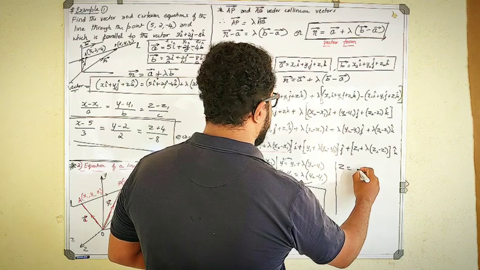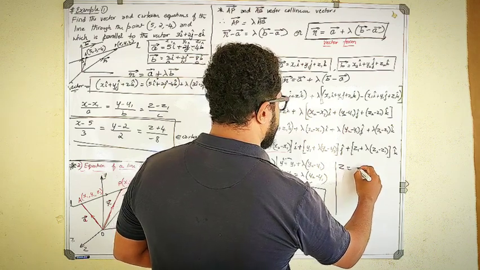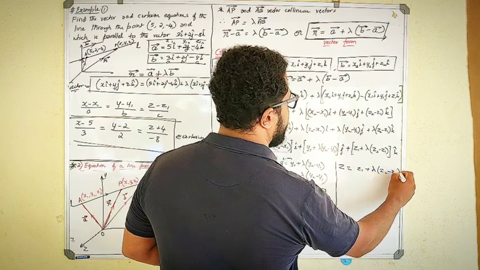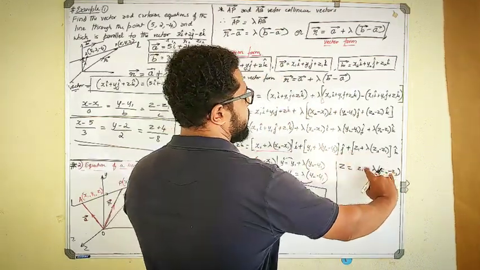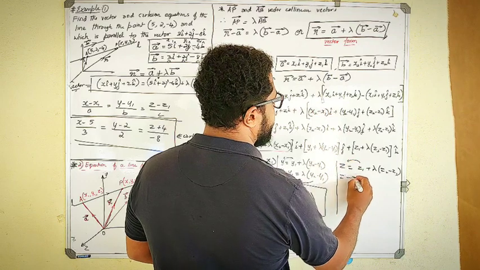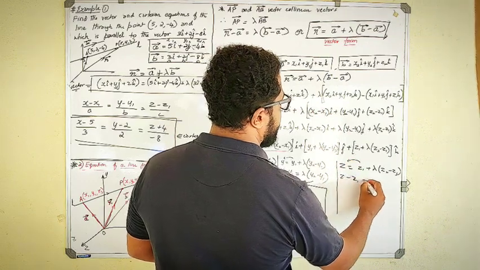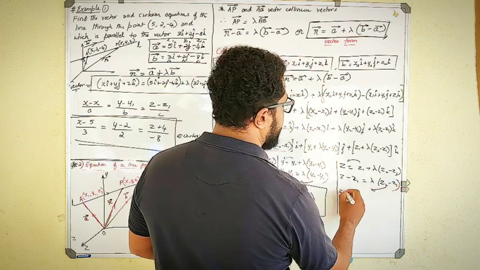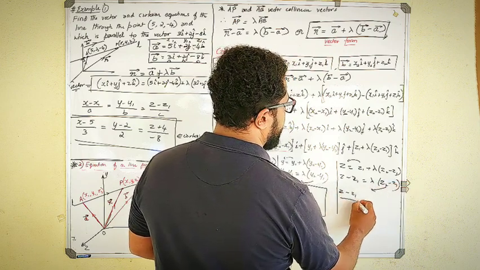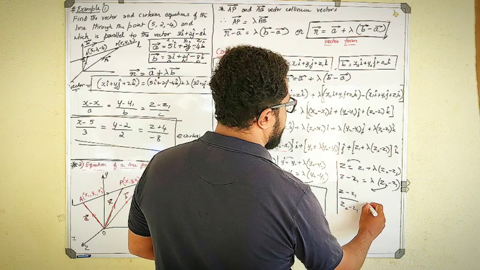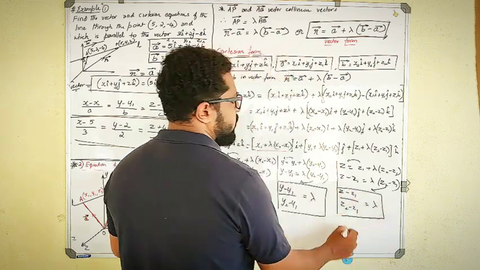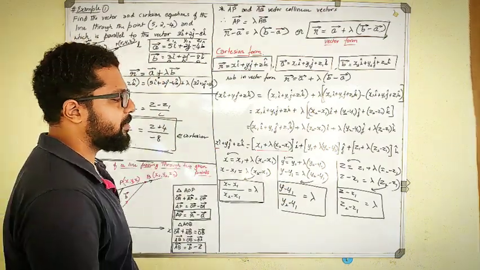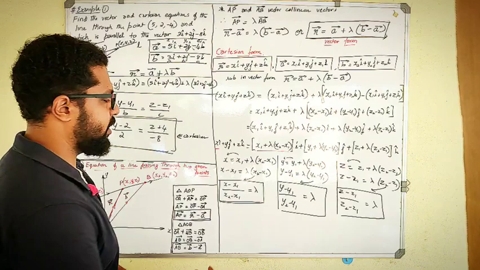Z is equal to z1 plus lambda into z2 minus z1. Shift it this side, z minus z1 is equal to lambda into z2 minus z1, denominator again, z minus z1 divided by z2 minus z1 is equal to lambda. So you can see all the three ratios are the same, equal to lambda or some constant, which is equal to each other.